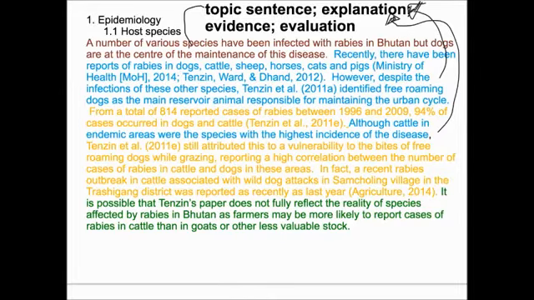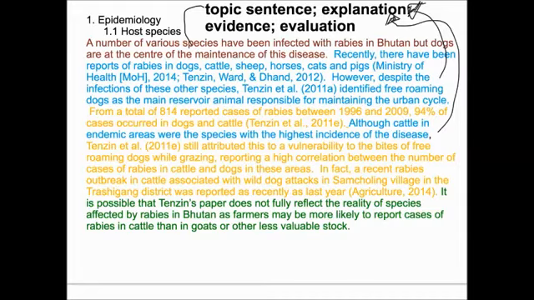So talking about, in the topic sentence, a number of various species have been infected with rabies. So what are those? Let's explain that more. Okay, they go in the blue writings. There's been reports of rabies in dogs, cattle, sheep, horses, cats and pigs.